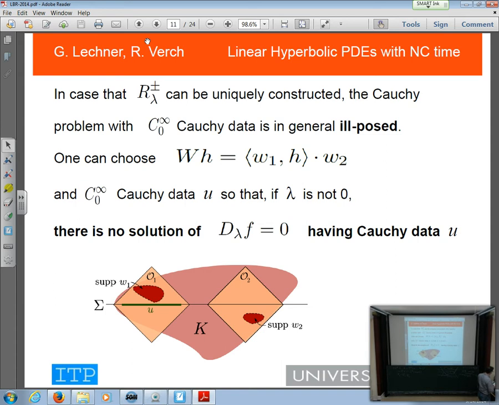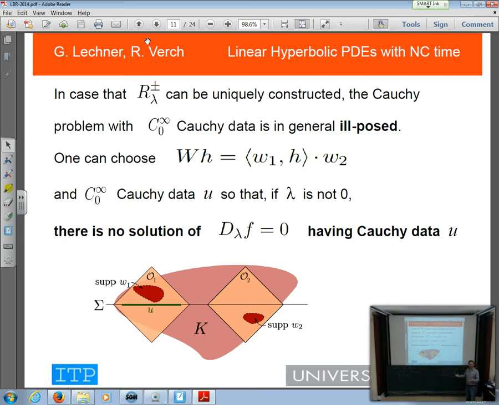Okay, so supposing that we have lambda small, and the advanced and retarded fundamental solutions can be uniquely constructed, the Cauchy problem with C0 infinity Cauchy data is in general ill-posed. So for instance, you can again take such a capital W to be a tensor product of two functions, W1 and W2, which have causally separated supports.